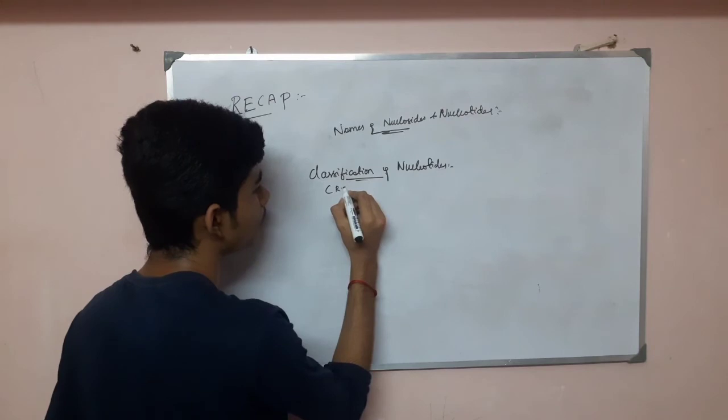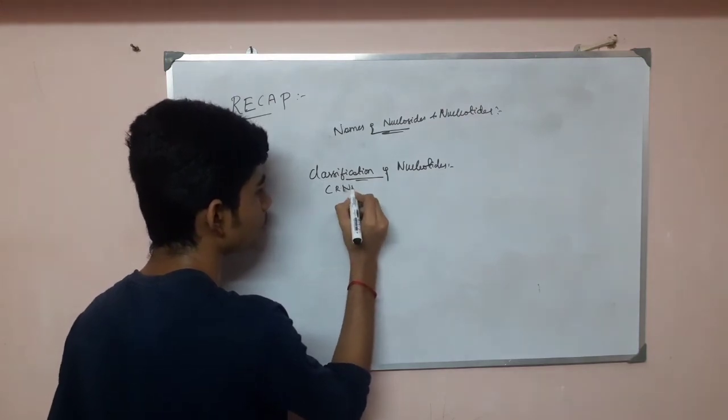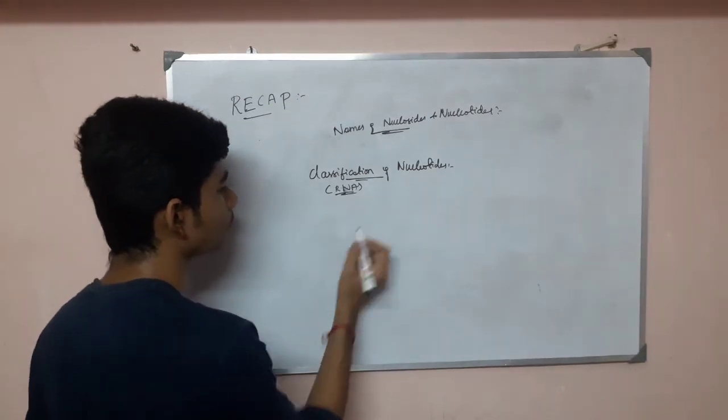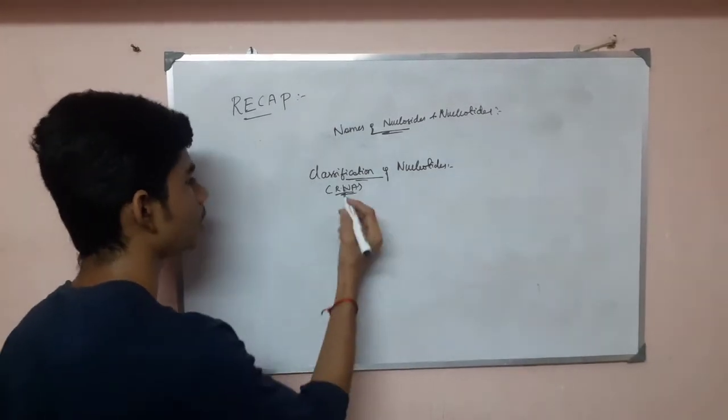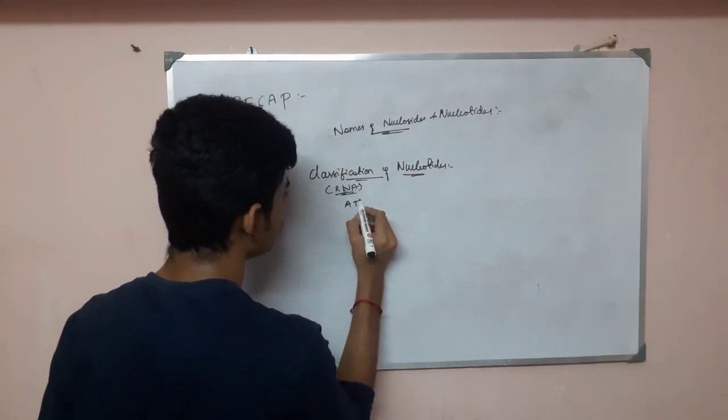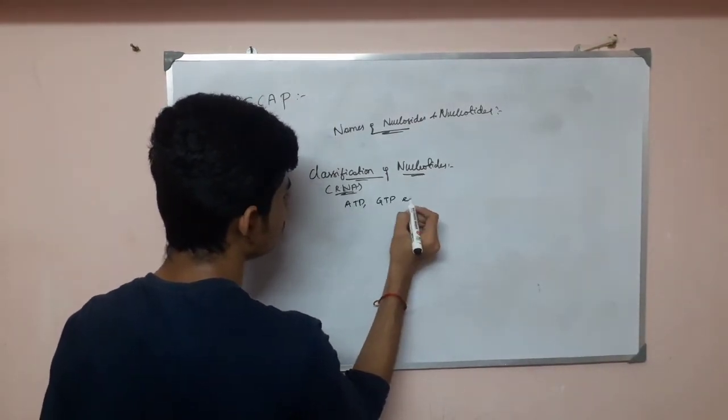This is the mRNA, RNA compounds, that is uridine, adenosine. We have seen the classification of nucleotides and RNA compounds, that is ATP, GTP, etc.